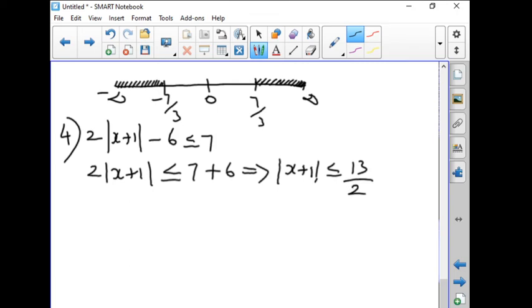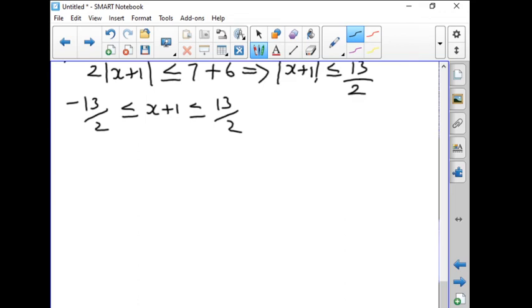Here, using the concept, we will write this as minus 13 by 2 is less than or equal to x plus 1 less than or equal to 13 by 2. Now we have to remove plus 1, so subtract throughout by 1.